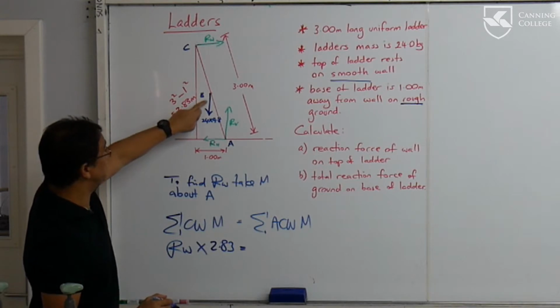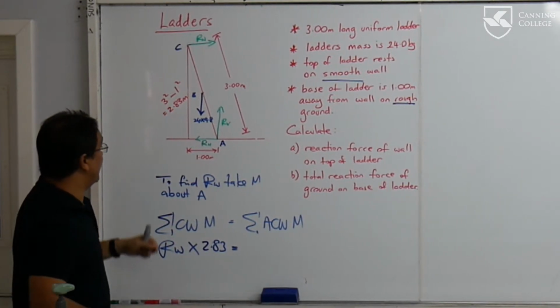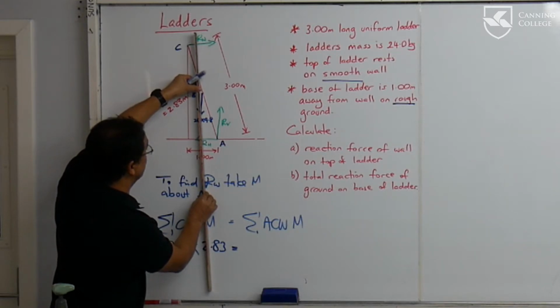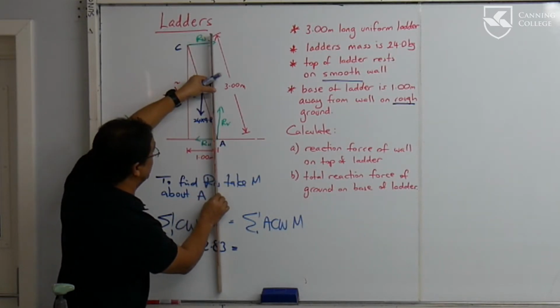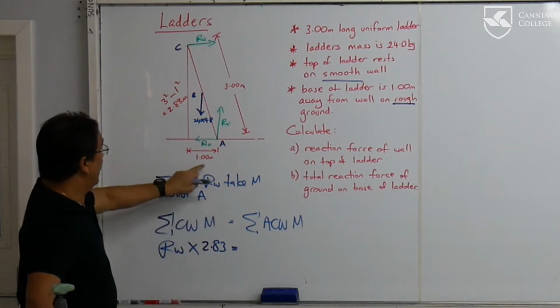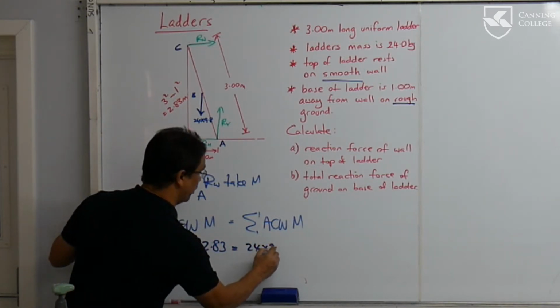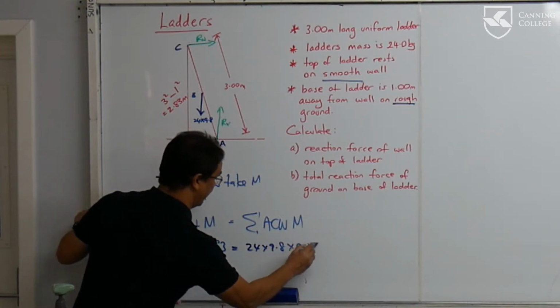And what is our anti-clockwise moment going to be equal to? Well, it's going to be equal to the weight of the ladder, 24 times 9.8, multiplied by the perpendicular distance from the force to the axis of rotation, which is half a meter. So we've got 24 times 9.8 times 0.5.